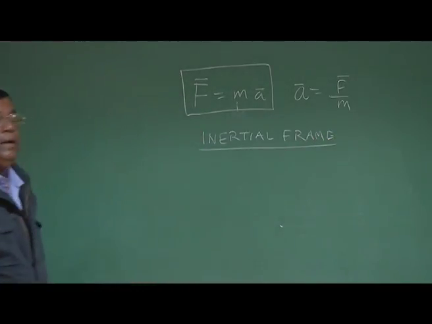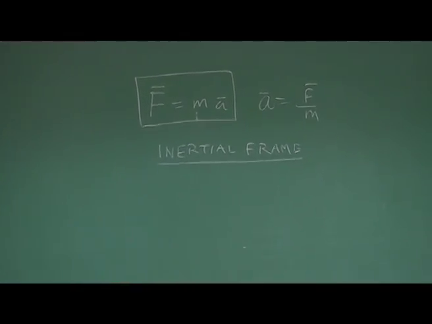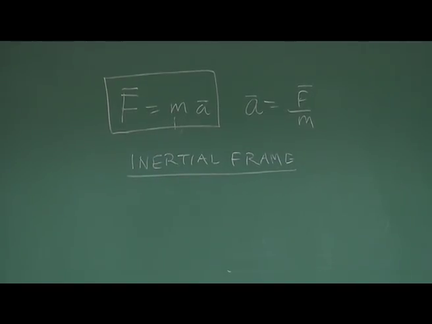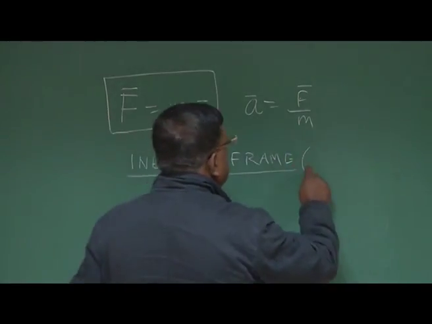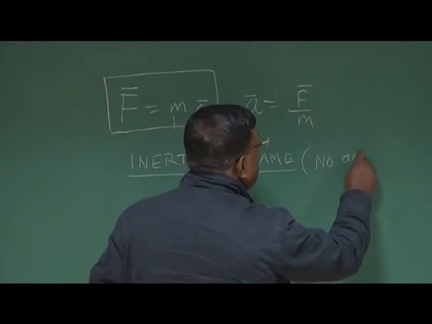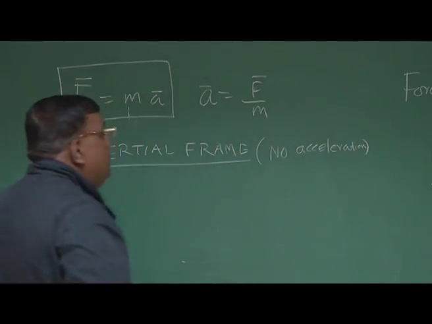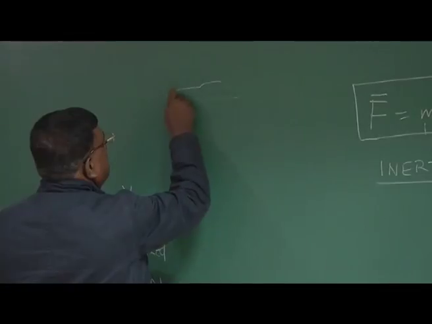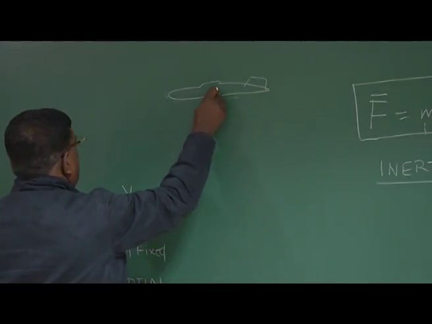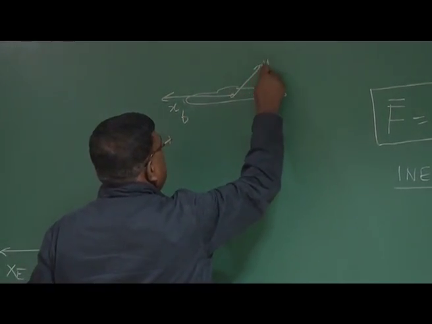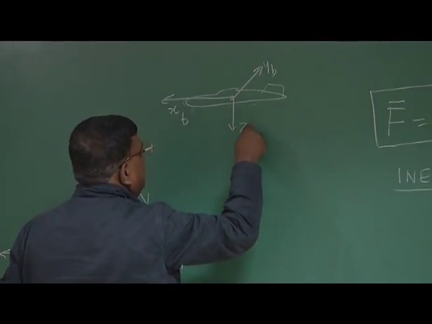What is the meaning of inertial frame? That means this frame, the x, y, z from where you are measuring, should not have any acceleration. Clear? So no acceleration. Now this is the airplane, and this is x, I write b for body, yb, zb for body.